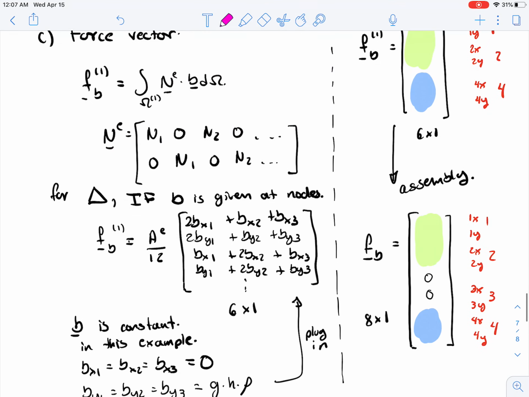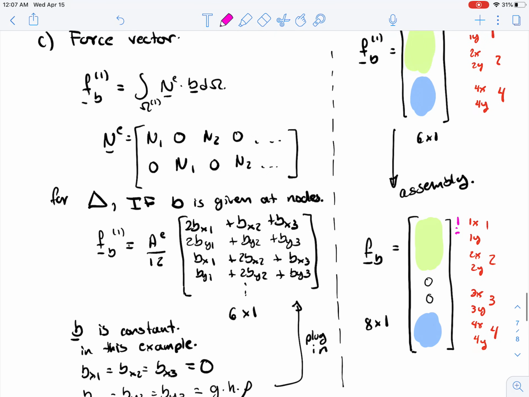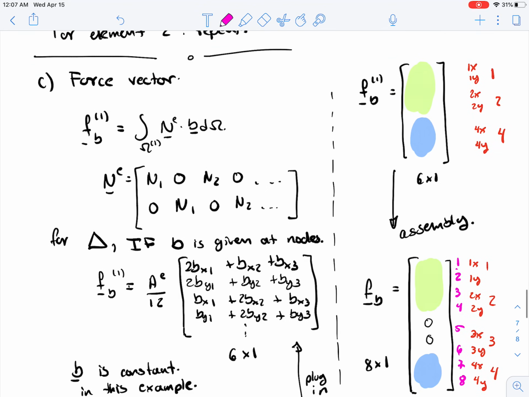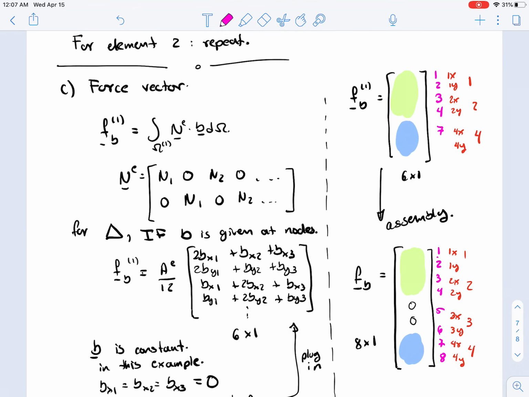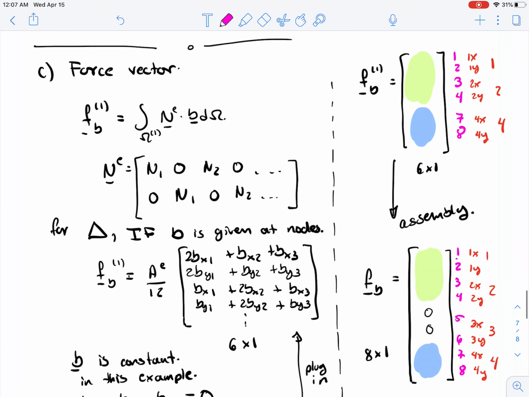So this is easy to see just visually, but actually if you want to code it, what you will need to do is number all the entries here. So you will have 1, 2, 3, 4, 5, 6, 7, 8. So then what you would have here is 1x corresponds to the index 1, 1y corresponds to the index 2, 2x corresponds to the index 3, 2y corresponds to the index 4, 4x corresponds to 7, and 4y corresponds to 8.